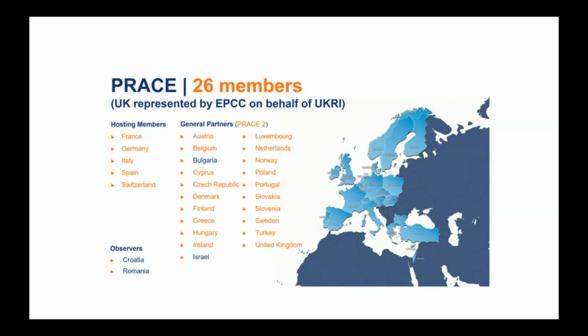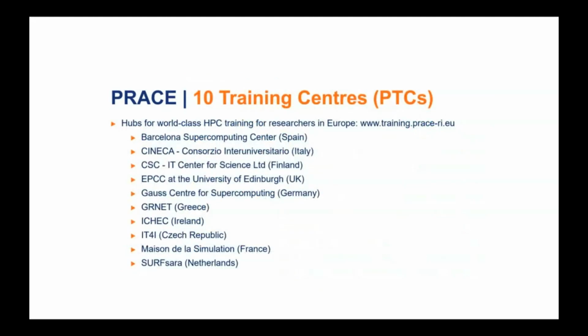And it's designed really to provide access to high performance computing across Europe, to share systems across Europe and to provide the expertise to access those systems and use them efficiently. So just like the ARCHER2 service, which provides training alongside access to systems, PRACE does exactly the same thing. And there are a bunch of training centres associated with that, of which EPCC is one, but there are a number of others around Europe.